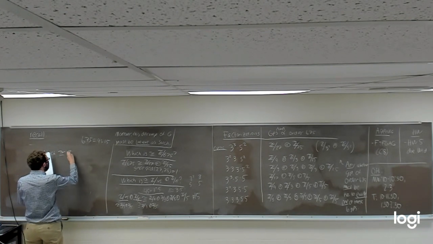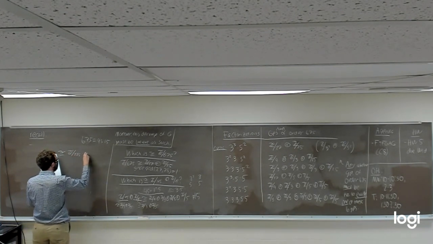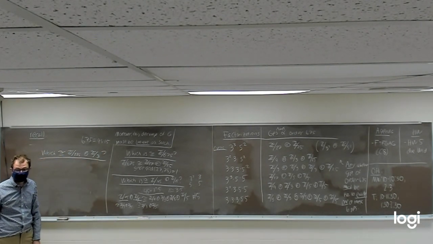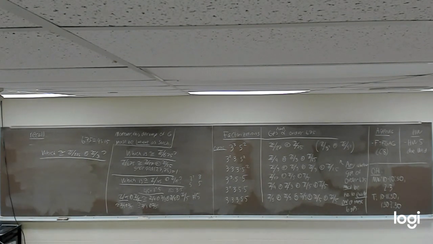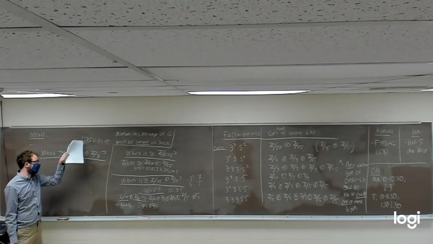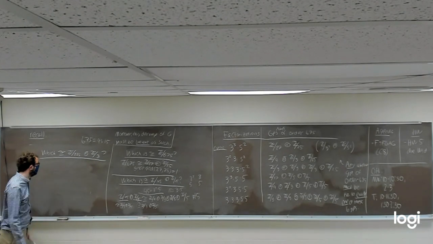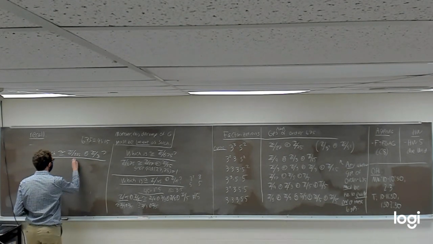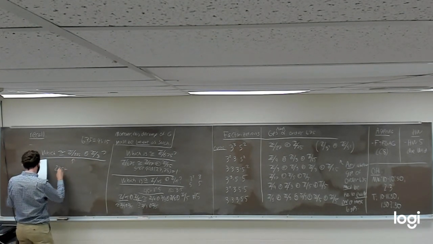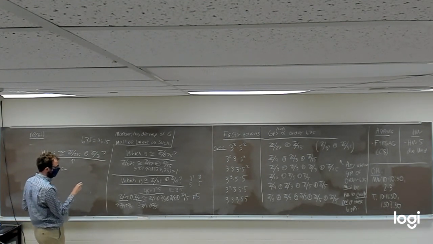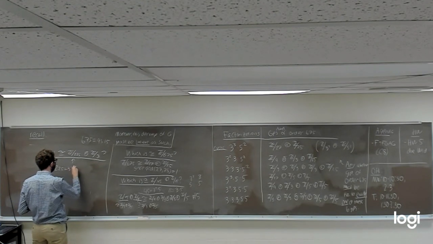Which is going to be isomorphic to Z mod 225 plus a Z mod 3. Well, because 225 times 3 is 675, this should be an abelian group of order 675. 225, we can write as being equal to, what, we need everything but a 3, so 3 squared times 5 squared.